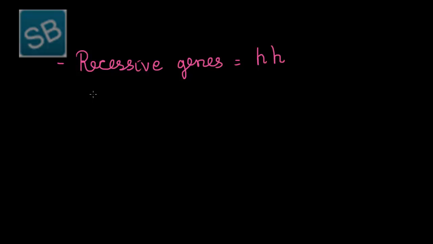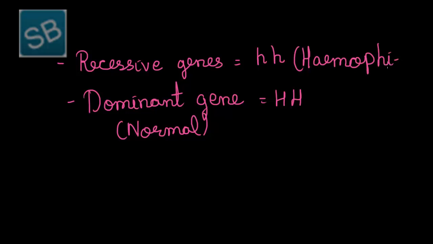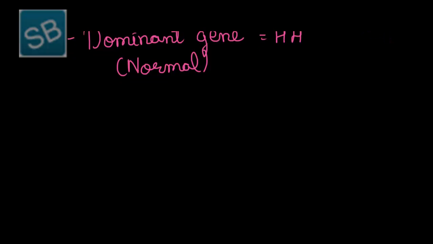The recessive gene that causes hemophilia is represented by small h, and the dominant gene for the normal condition is represented by capital H. Since it is the recessive gene only that is responsible for hemophilia in the organism, the chances of hemophilia getting into offspring are comparatively very less.